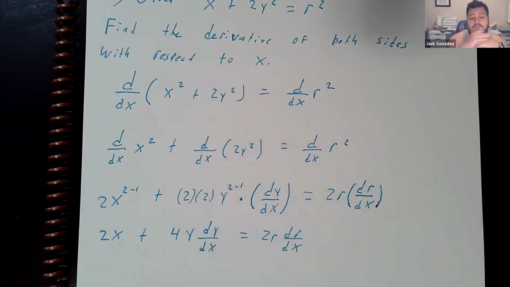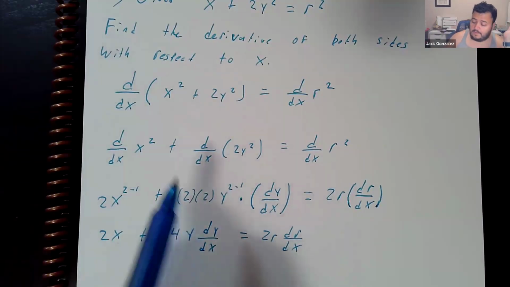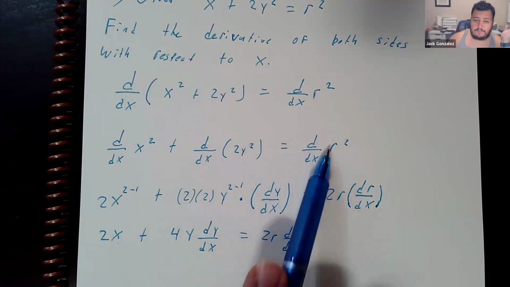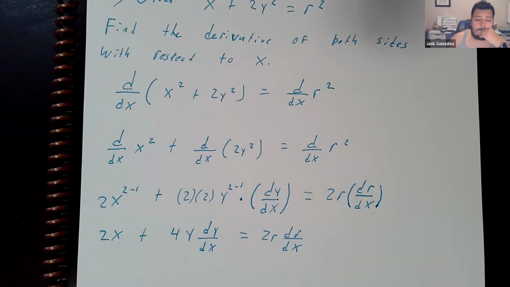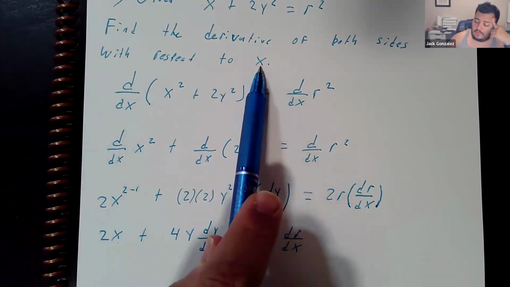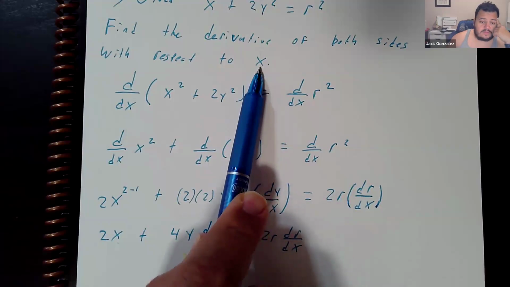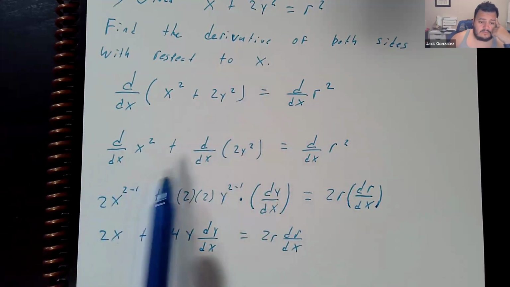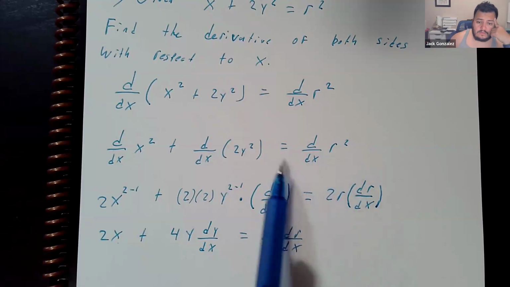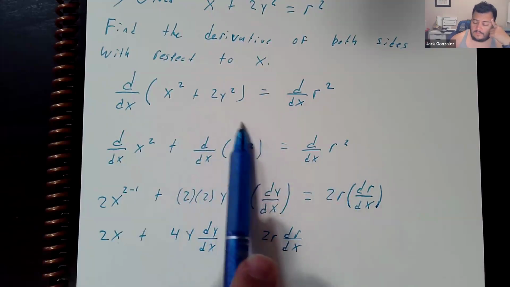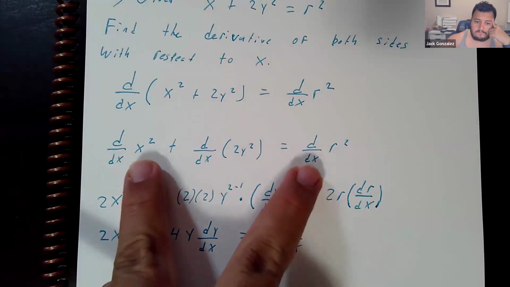Because they didn't ask us to do anything else. I just wanted you to see the implicit part happening. If it would have been y with respect to y, then you would have dx dy everywhere, right? And then this would have been normal, and these two would have been implicit.